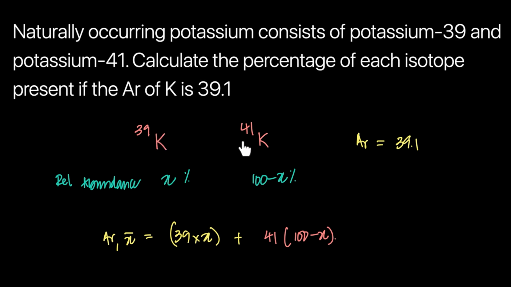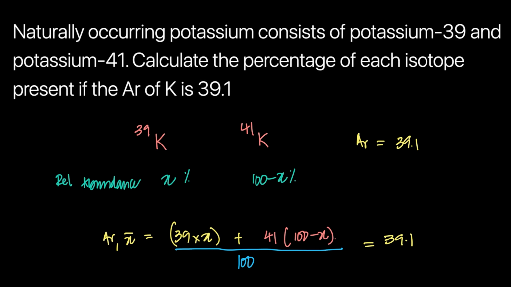You'll get the same value for either isotope. So this is over the total abundance, which is X plus 100 minus X, which is 100. And this equals 39.1. So all of this equals 39.1. When you solve for X here, you'll get the answer.